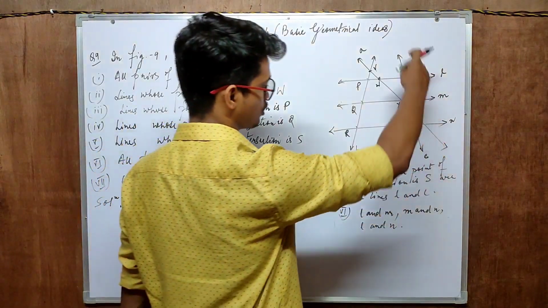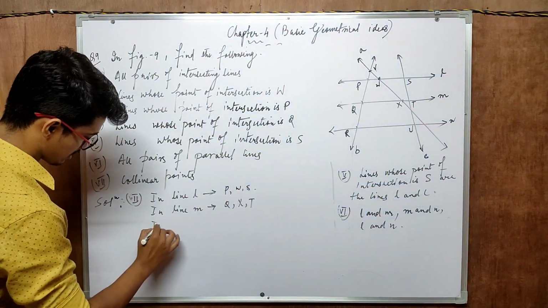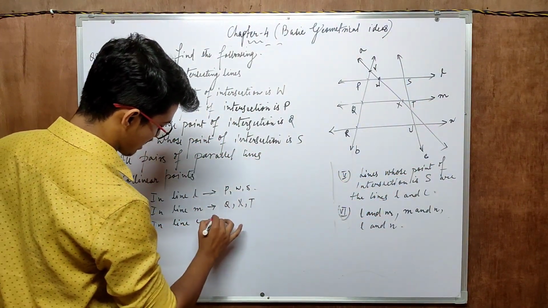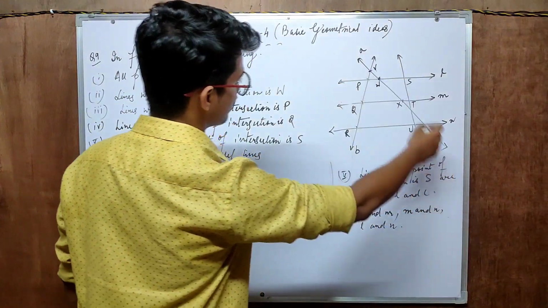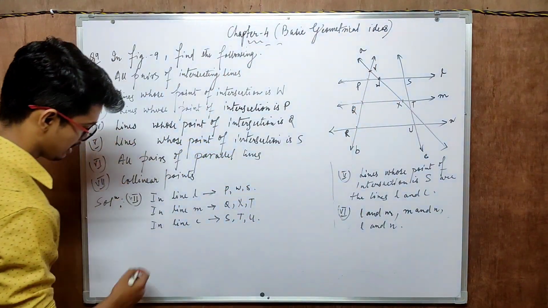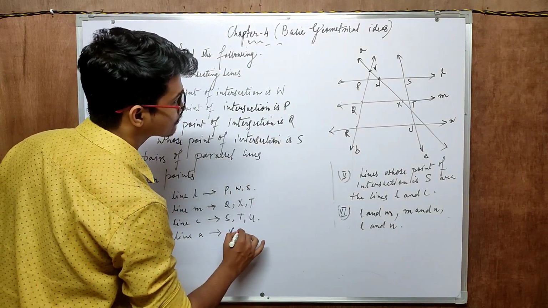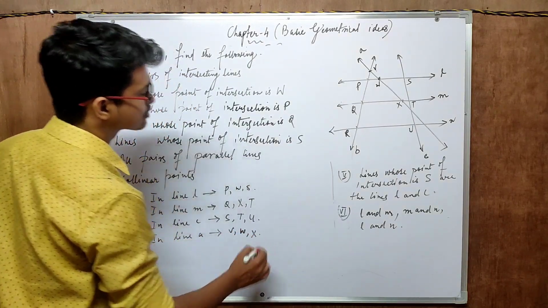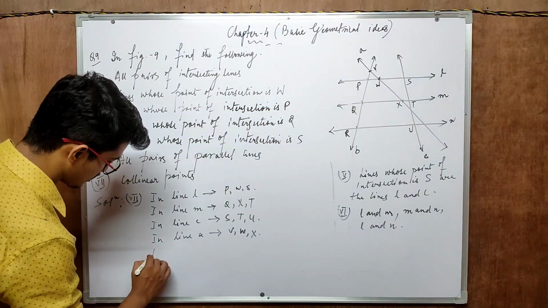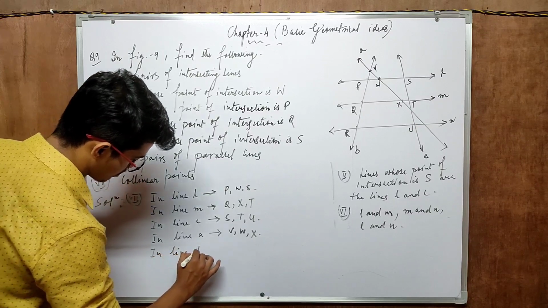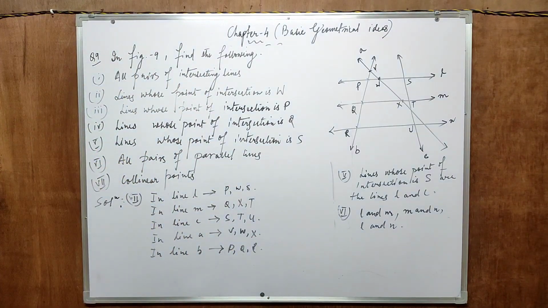Alright, let's move on to C. In line C, S, T, U are the 3 points. Other than that, in line A, V, W, X. In line B, P, Q, R. Other than that, is anything left over?